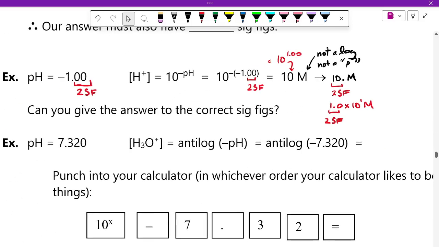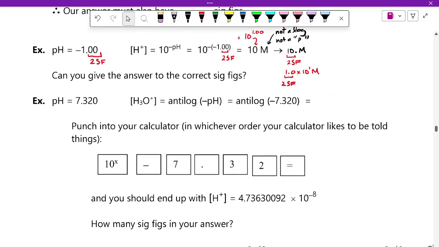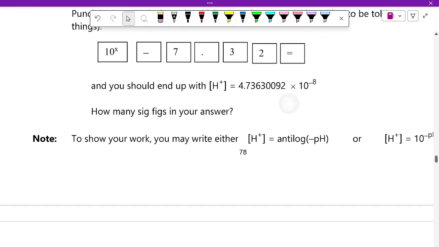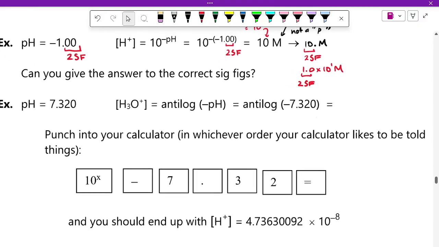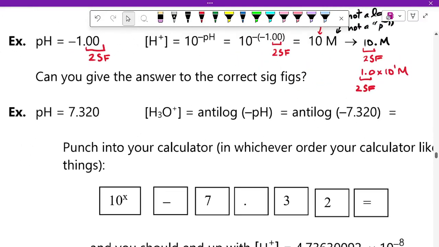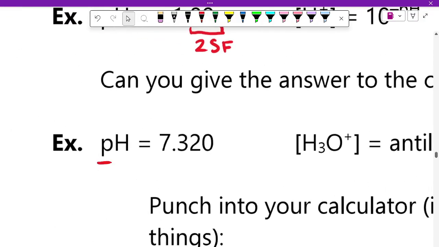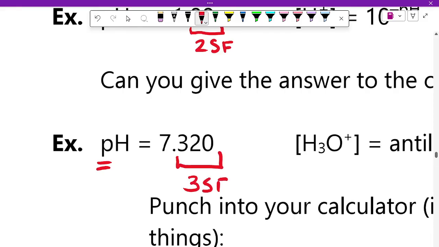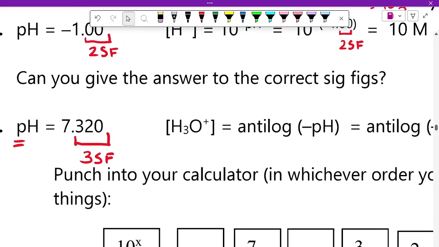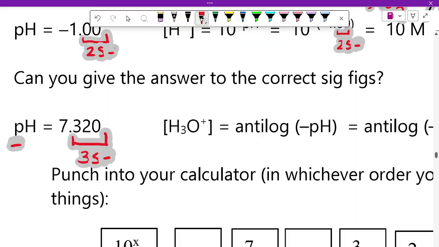Alrighty. And one last example, and then we're done. If our pH is 7.320, how many sig figs in a p-value? 3 sig figs. So hydrogen is the antilog of negative pH.